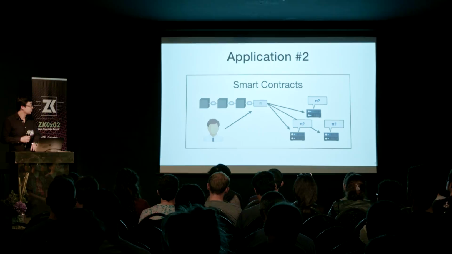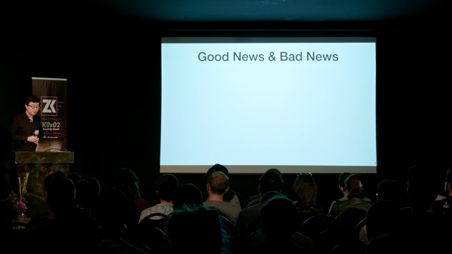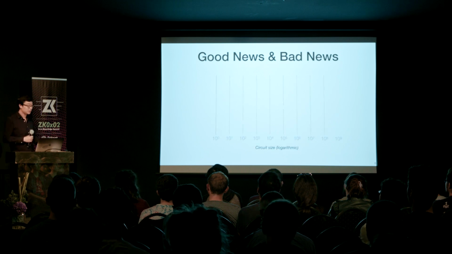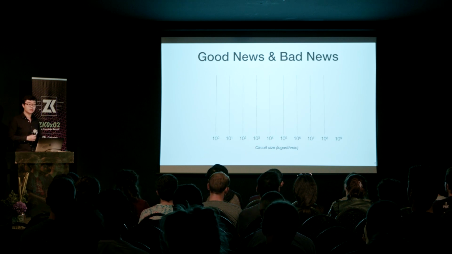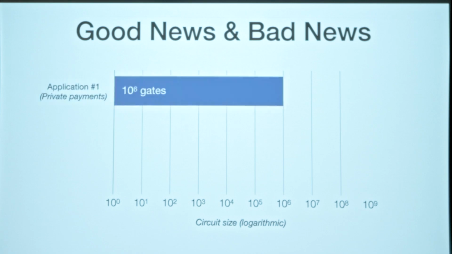Now, these are only 2 applications of zero-knowledge proofs, and don't be offended if your favorite application wasn't presented here. These 2 applications were actually chosen very specifically to motivate our problem, which I'm now going to address. So we have some good news and some bad news. Well, if we plot the circuit sizes of the applications that we just discussed, we'll see that the private payment application requires about 1 million gates.